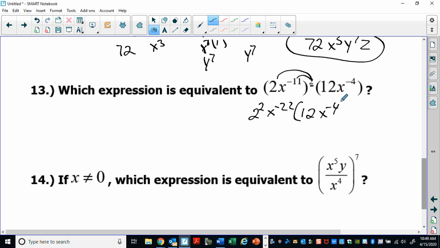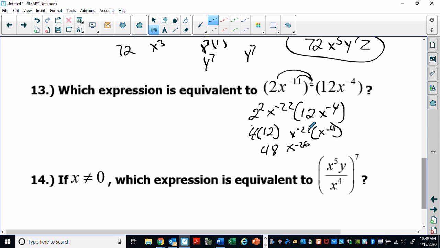Okay, so finishing here, 2 to the 2nd power is 4. We have to evaluate that. Now we're going to make 4, and we're going to do 4 times 12. Then we're going to do x to the negative 22nd power, multiplied by x to the negative 4th power. 4 times 12 is 48, and we're going to add the exponents, so that's going to be x to the negative 26th power.